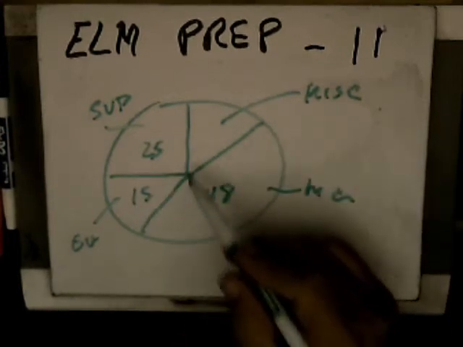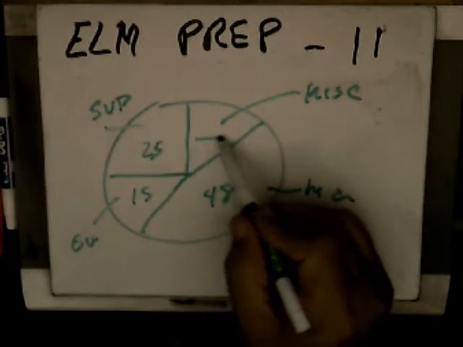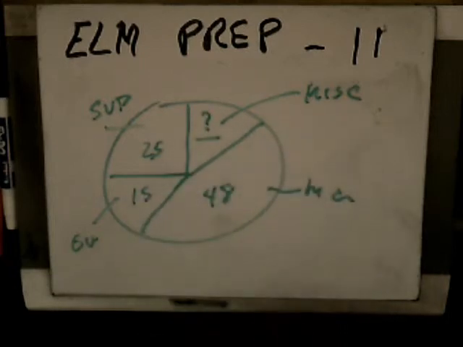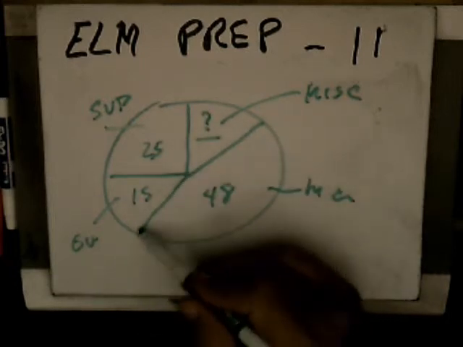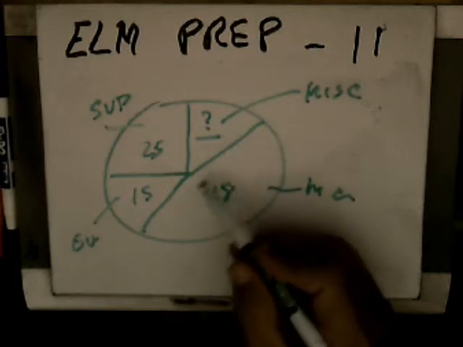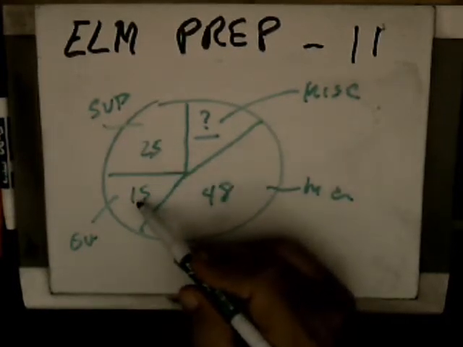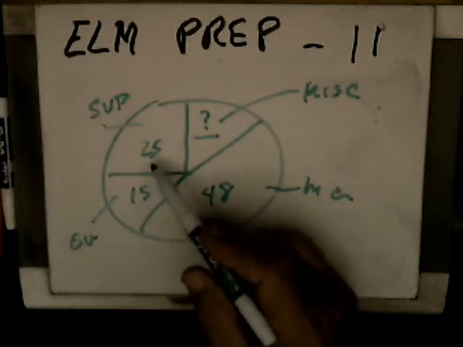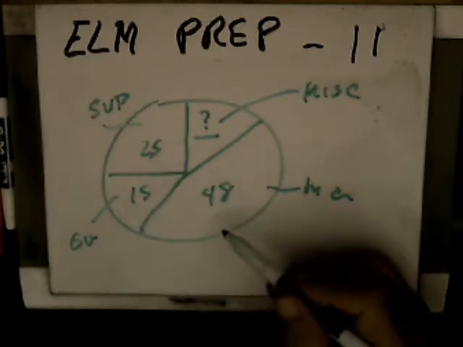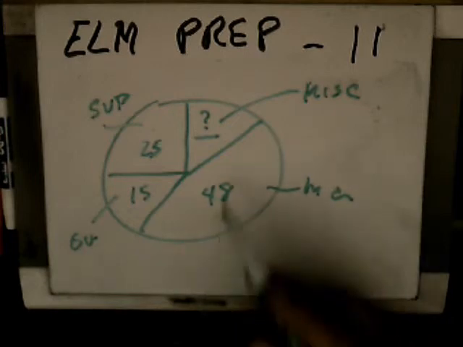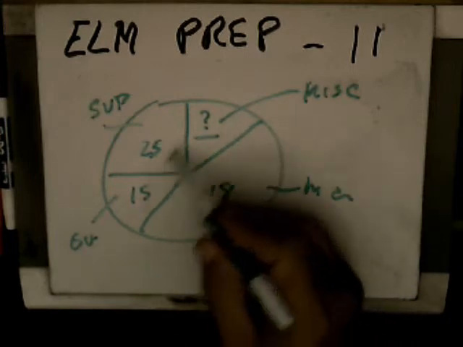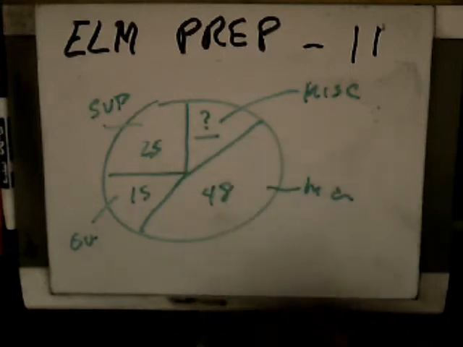So I'd add these around and then find out what this amount was and then add them all up. It's obviously just a little more than 50%, because this is 40% there and this is 48%. So this is going to be a little more than half because this is 48%.